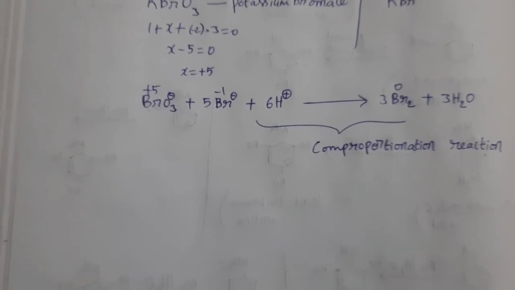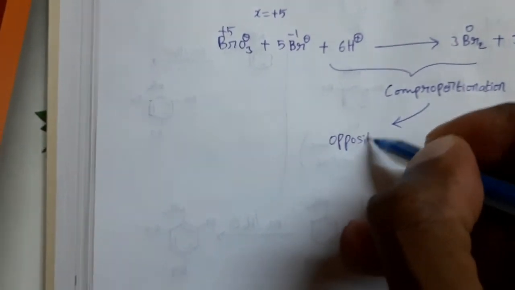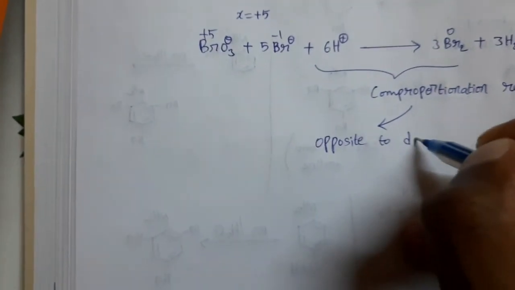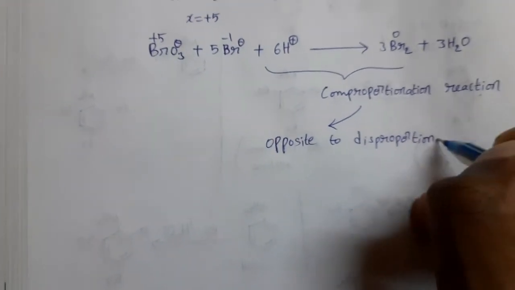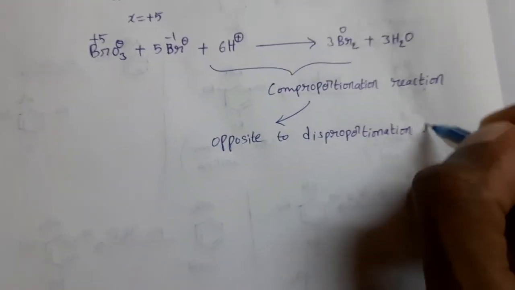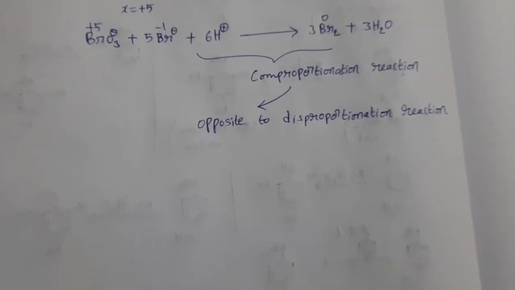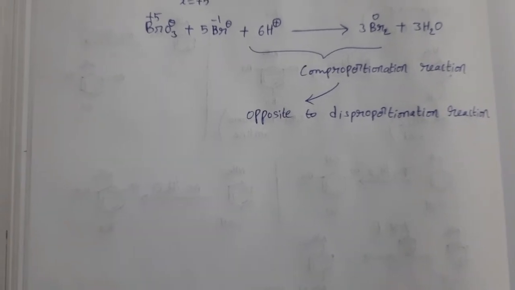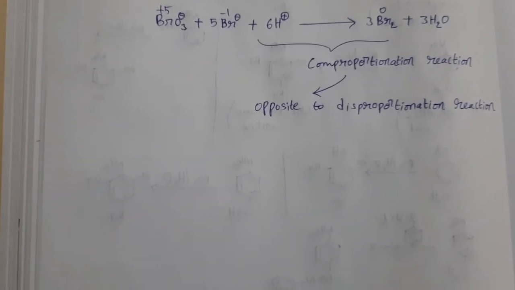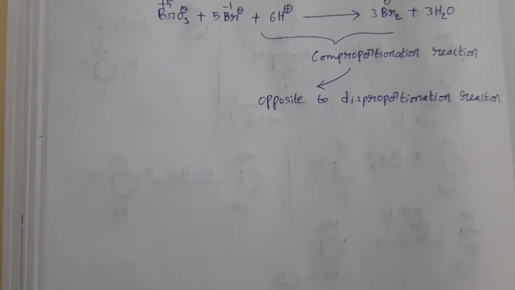This reaction is just opposite to disproportionation reaction. Already we know disproportionation. What is disproportionation reaction? The oxidation state of an element is changed to two different oxidation states in the same chemical reaction. That is called disproportionation reaction.